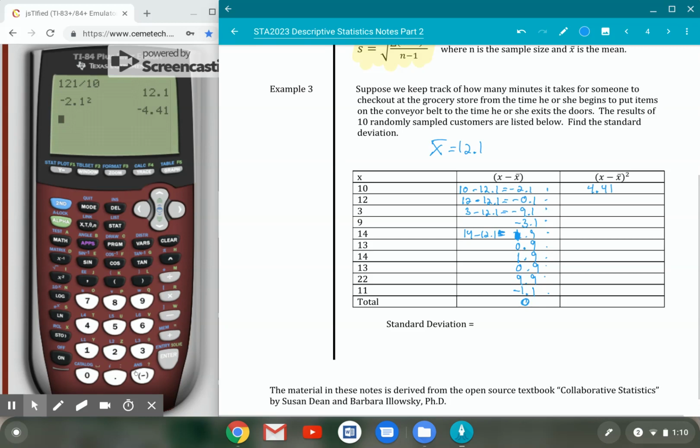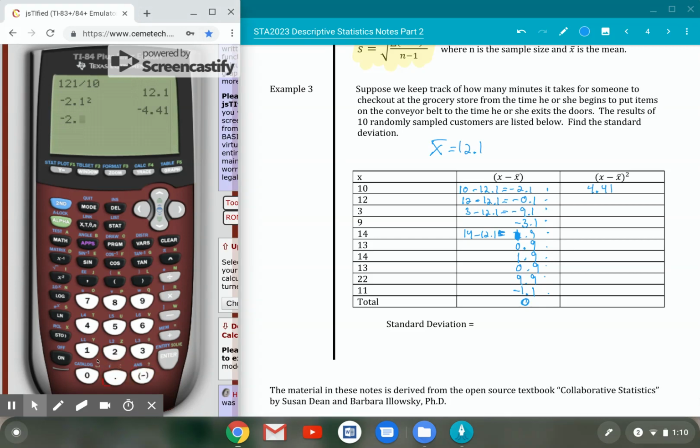You're saying negative 2.1 times another negative 2.1. A negative times a negative should be a positive. When I just say negative 2.1 squared, it's only squaring the 2.1 and not the negative. So I would have to say it's negative 2.1 in parentheses, this whole thing squared. There's the 4.41.